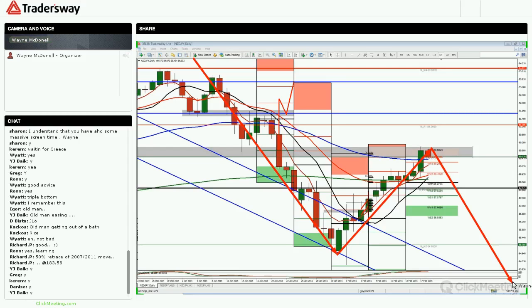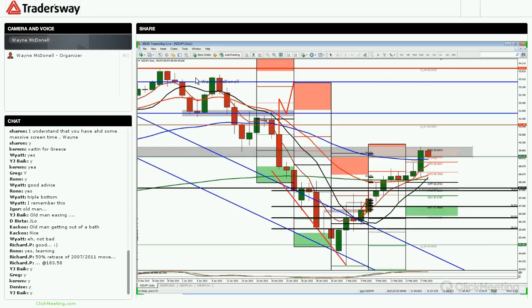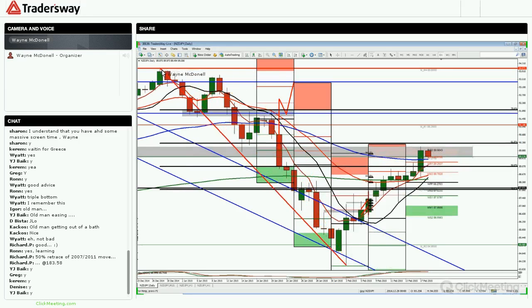Okay. It could be starting like today. Look what happened when we hit this area yesterday. Look. And it's pretty logical. Okay. It's about a 618.